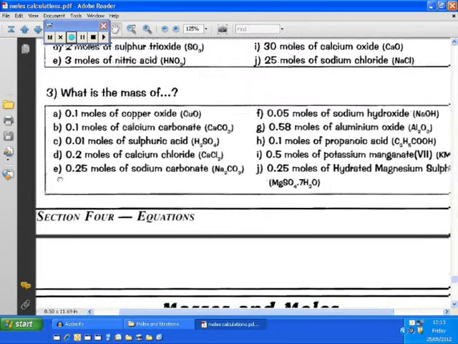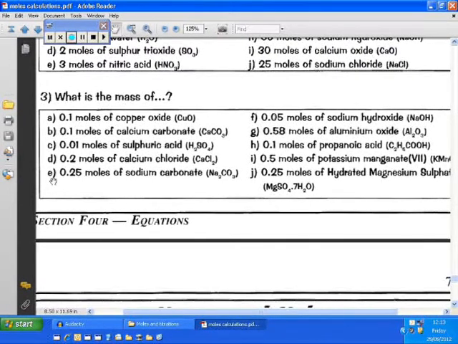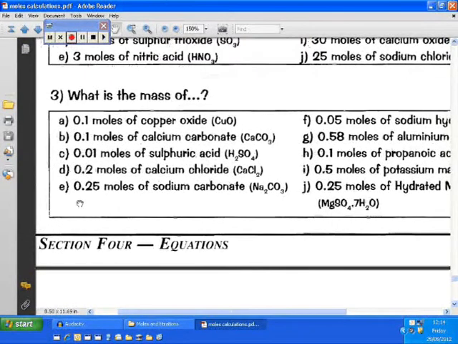I'll blow it up a little bit so that you can see it fairly clearly. I would like you to work out what mass of each of these numbers of moles in question 3A, B, C, D and E.